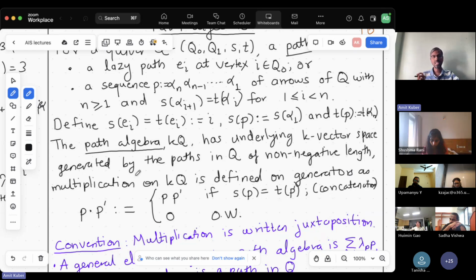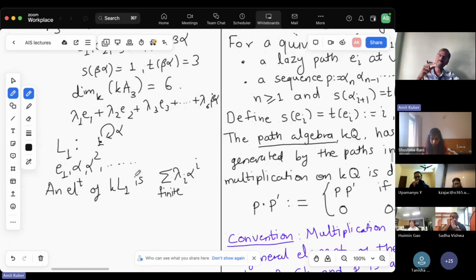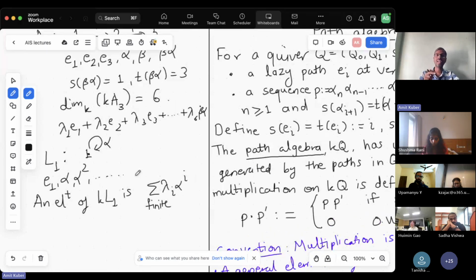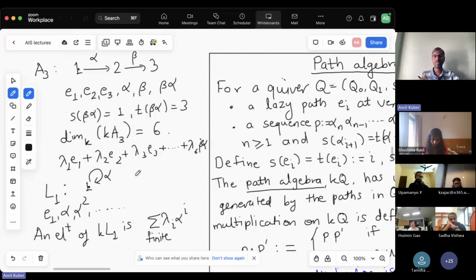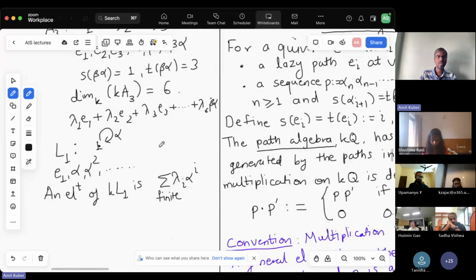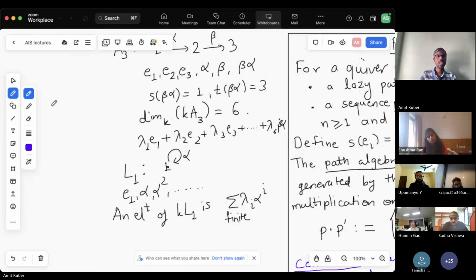So for example, in KL1 you can multiply anything by anything. Concatenation is always possible. The source and target is the same vertex 1. However, in KA3, that is not always true. So for example, I can ask you over here, what is the multiplication of alpha times minus 5 beta plus E1?